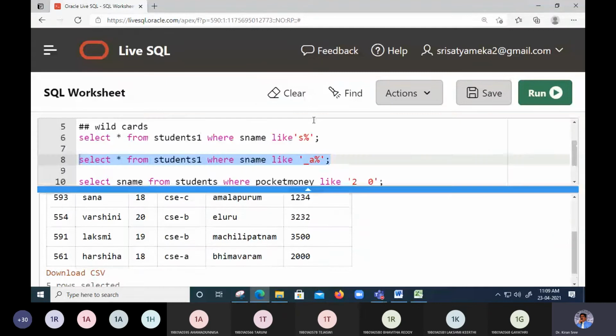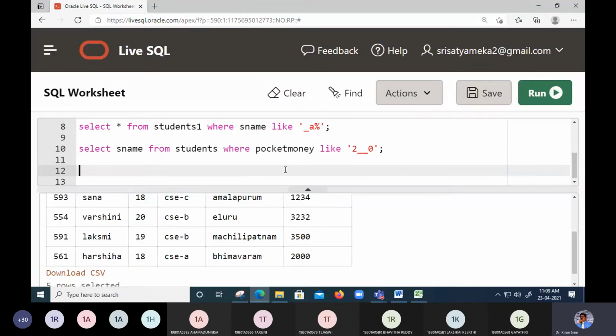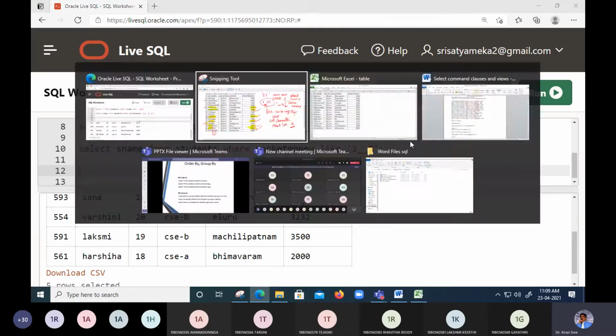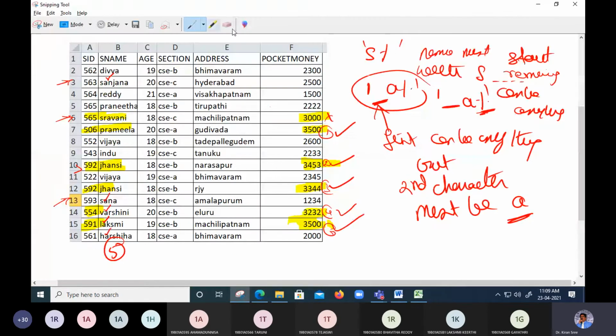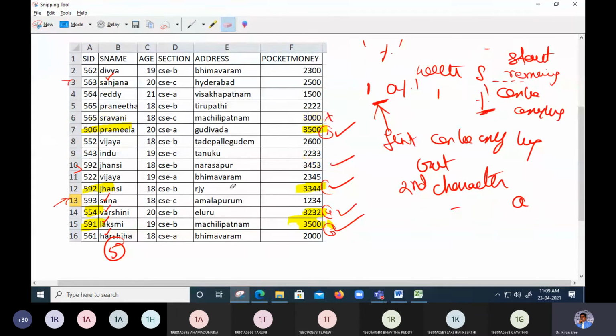Now let us work on the next query. What was the next query we should understand? The next query is select the name of a student where pocket money is like 2 dash dash 0, where pocket money was 2 dash dash 0. So what was the answer we are going to expect right now?